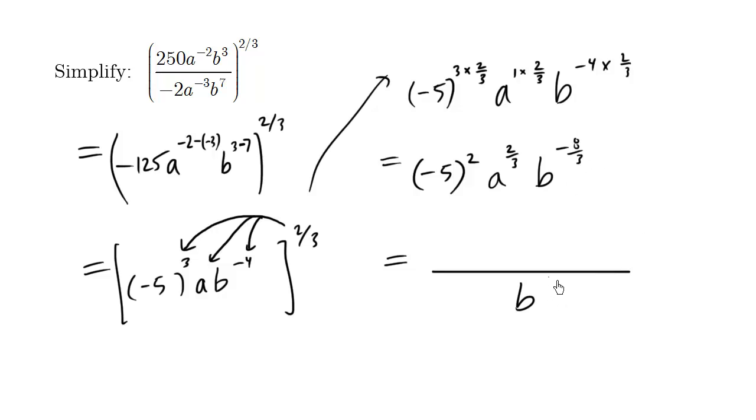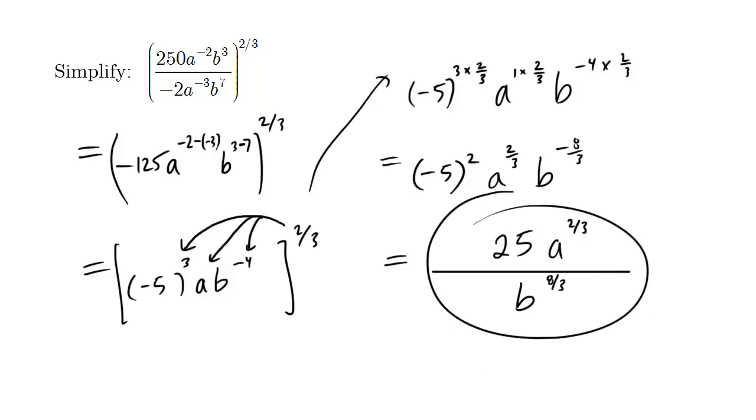So the -8/3 becomes 8/3, whereas the a to the 2/3 stays on the top, and -5 times -5 is 25. For exponent questions, it's expected that you just work out the numbers. So instead of writing 2 to the 3, for example, I would write 8. In the same way, -5 times -5 is 25. It's better to rewrite it as 25 rather than leave it in this form. So here's our final answer.